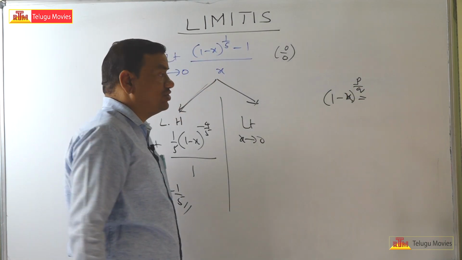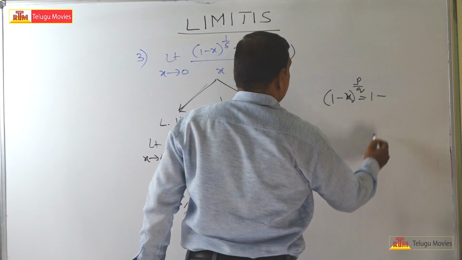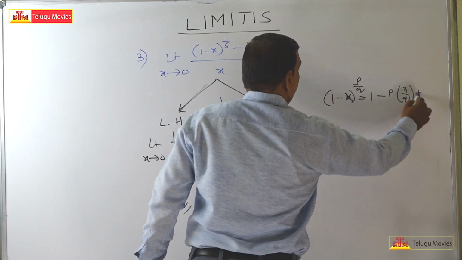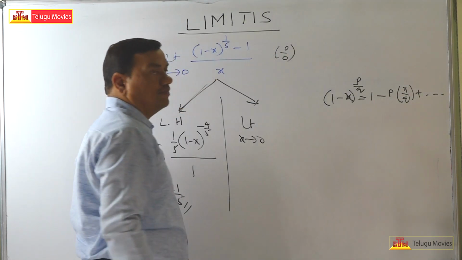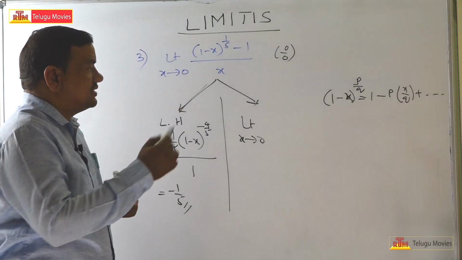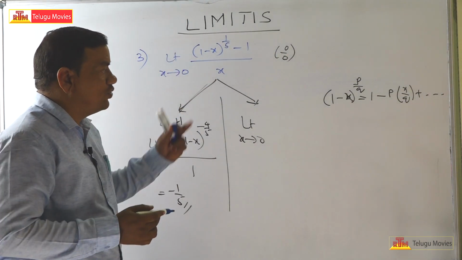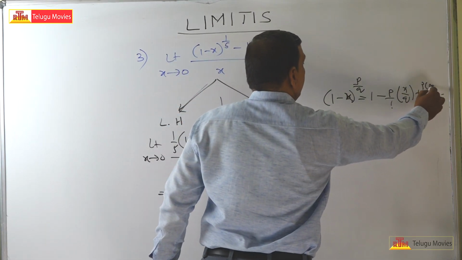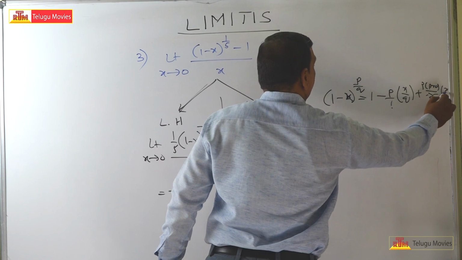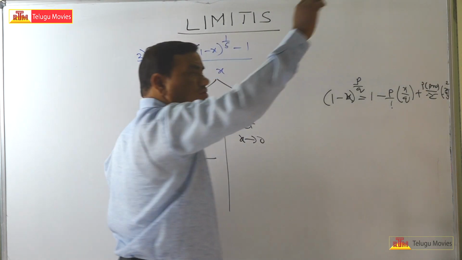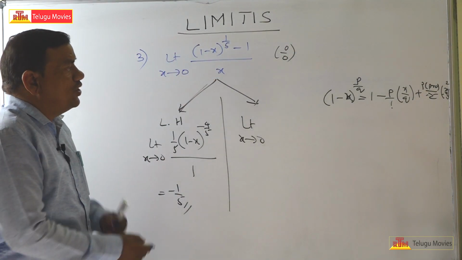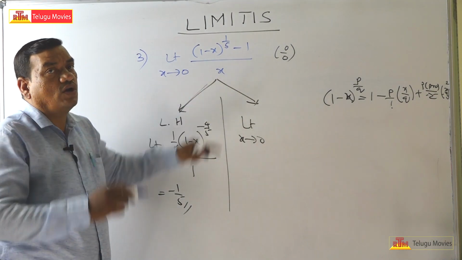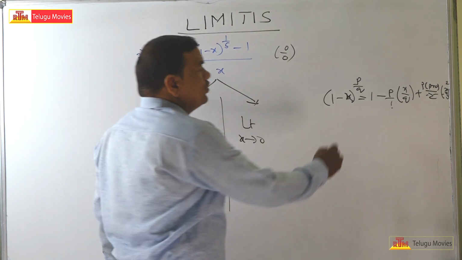What will be the first term? 1 minus p into x by q, plus so on, it will come x square terms. Next term is p into p plus q by 2 factorial into (x by q) whole square. It goes on. So, no need of taking that many terms. Why? Because in the denominator the degree is 1 only. Therefore, up to here 2 terms are enough.